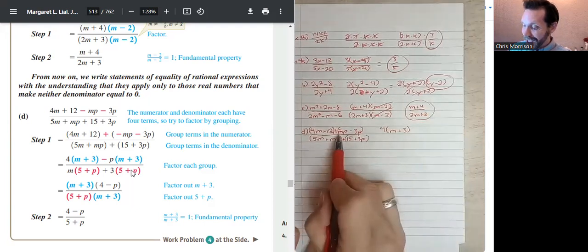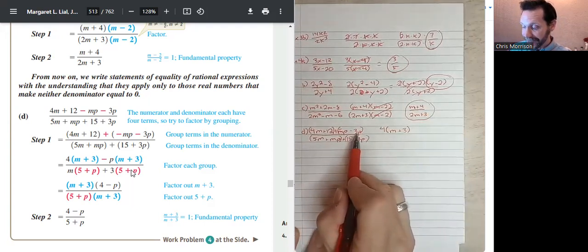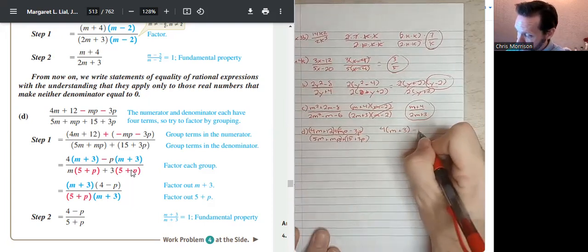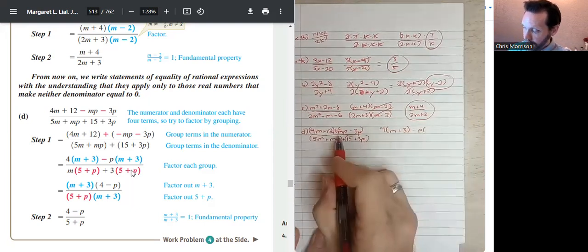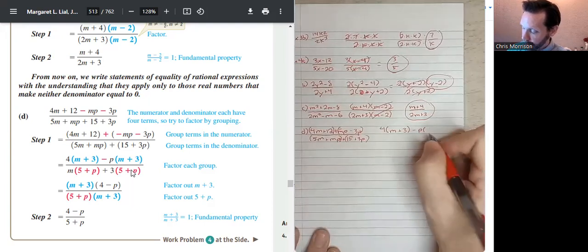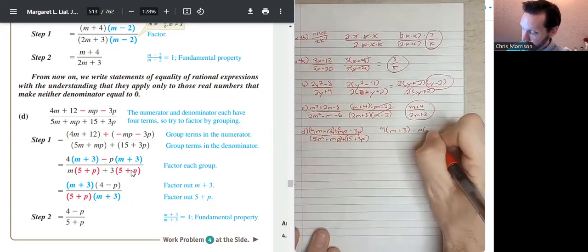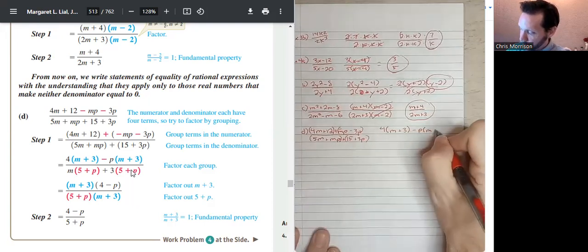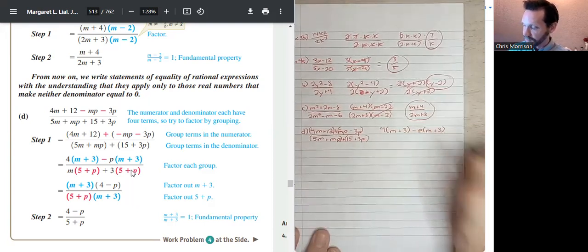And then negative mp minus 3p, I can factor out the negative p, so minus p. Negative mp divided by negative p is just going to be m. Negative 3p divided by negative p is going to be positive 3 because the negatives get factored out.